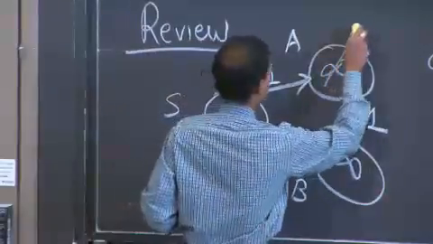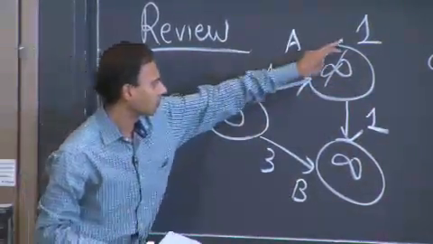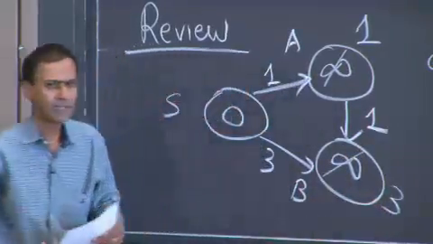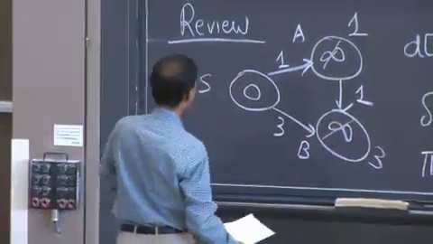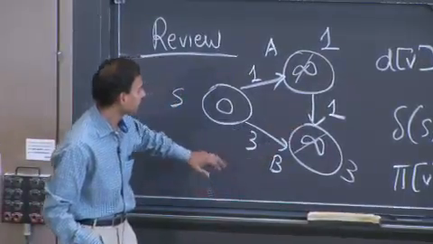This infinity becomes 1, because if I start here with 0 and add 1 to it, I get 1. Similarly, this infinity becomes 3. At this point, you've relaxed the edges that go out of S to these other two nodes, A and B. You're not quite done yet.